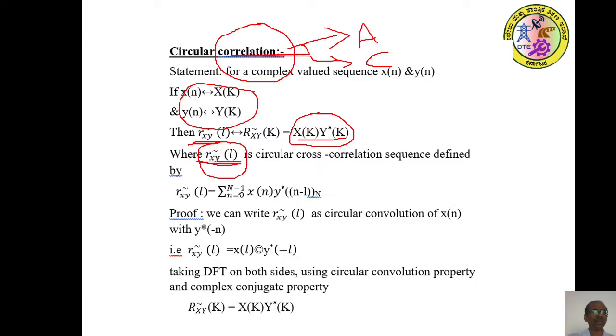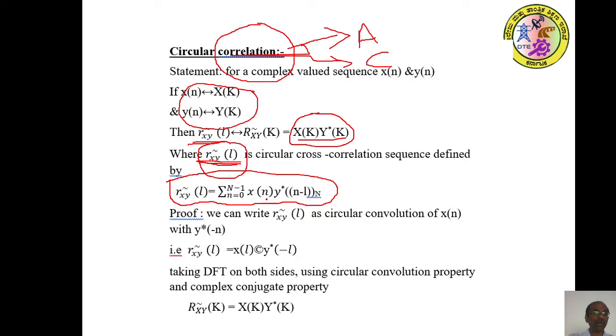Then what is the actual formula defined for correlation? Correlation is defined as Rxy tilde of L is equal to summation n varying from n equal to 0 to N minus 1 of x of n into y star of n minus L. It looks like a sum of products.